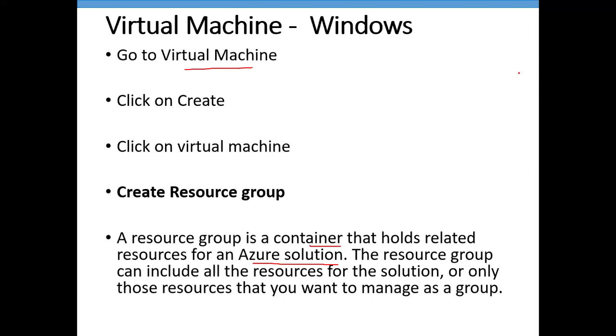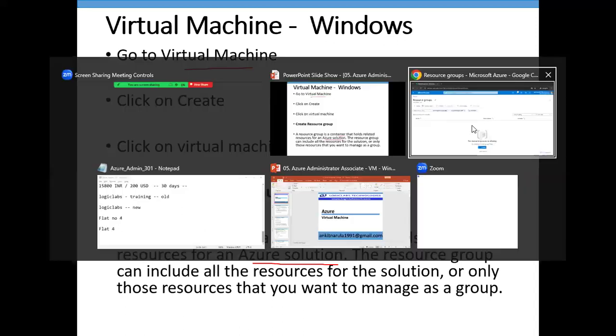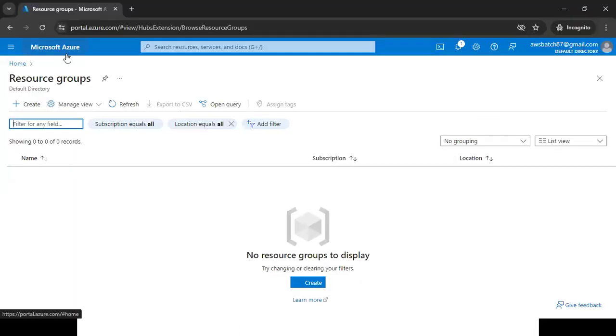Because under our resource group, we are going to create all the resources, and we have one single place to see all our resources. So I don't need to go to virtual machine to see virtual machine. I don't need to go to database to check database. I can see those things from my resource group also.